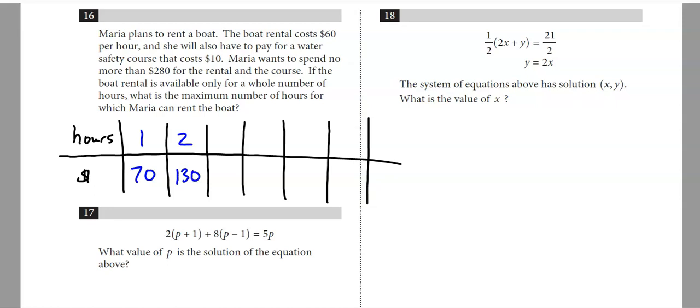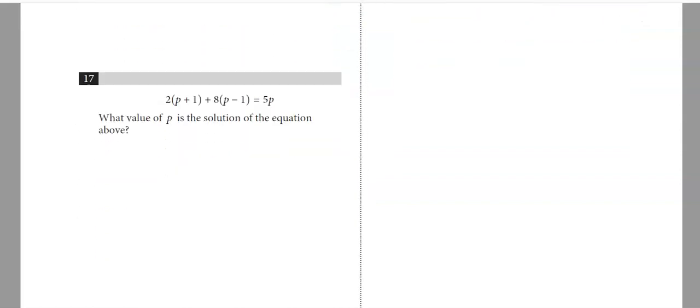If you go 3 hours, that's 60 times 3, that's 180 plus the 10 for the course, which is 190. And you should see a pattern here. It's just going up every time by that $60. So if I continue the pattern and just start filling in some numbers, go up by 60, go up by 60, you'll find out that the 280 occurred somewhere in here. So you need to go down to 4 so you don't go over the 280. All right, number 17.